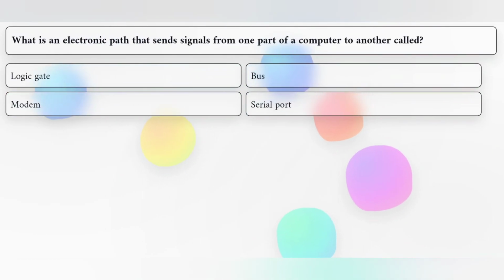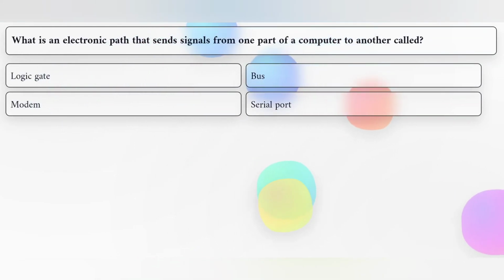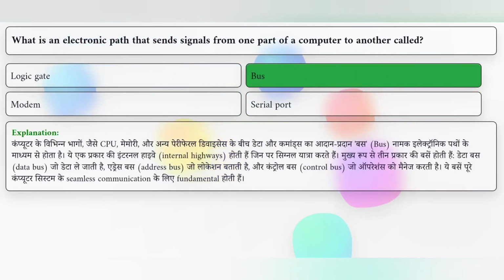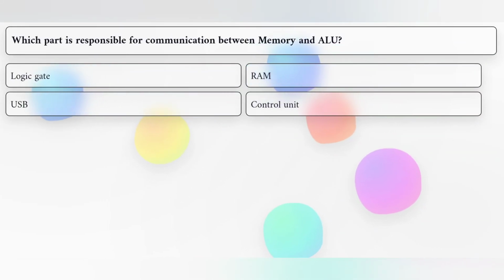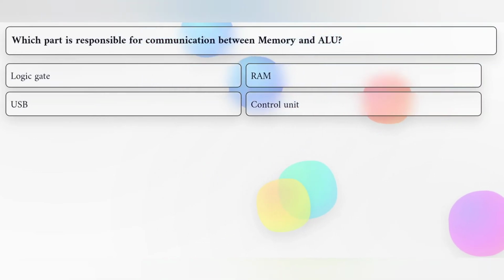What is an electronic path that sends signals from one part of a computer to another called? Logic gate, bus, modem, serial port. Which part is responsible for communication between memory and ALU? Logic gate, RAM, USB, control unit.